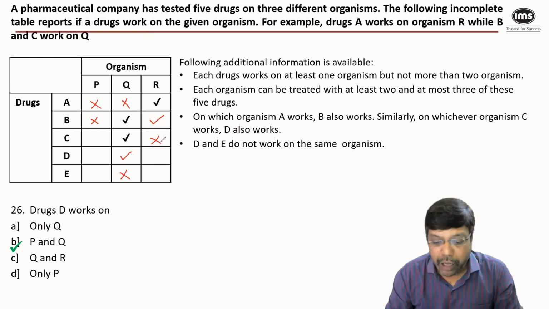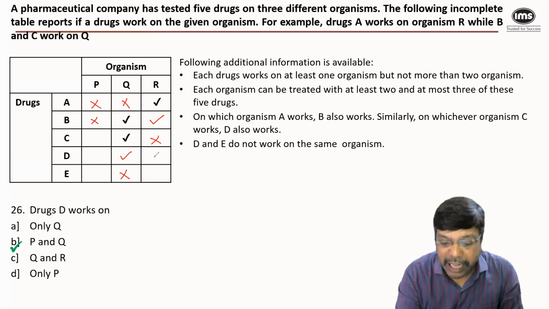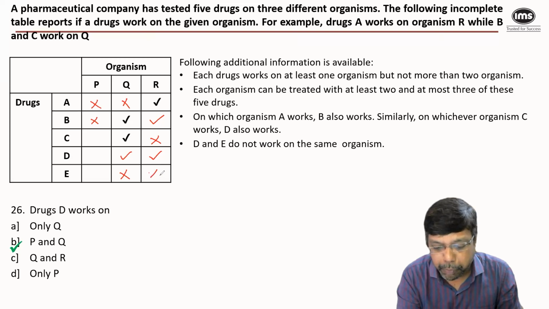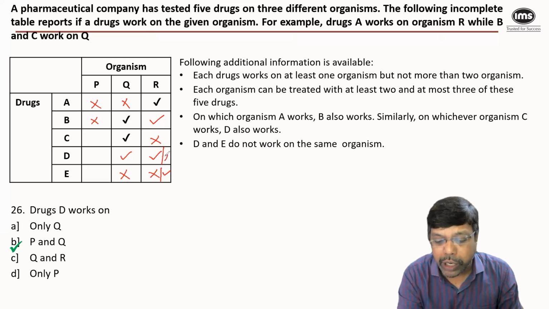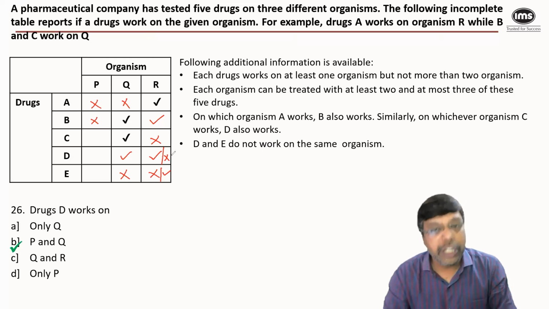Also, if I look at D and E, if it works on D, then it does not work on E. Or if it works on E, then it does not work on D. So it has to be one of these two cases.